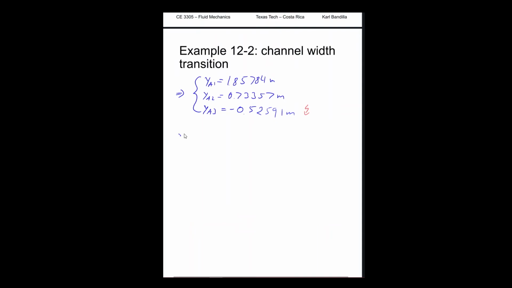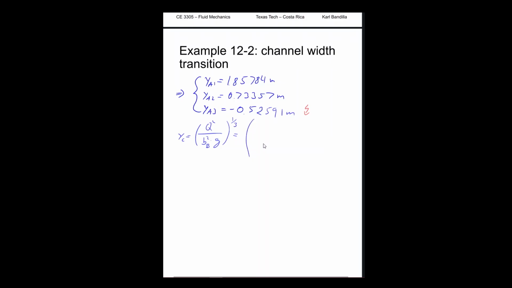That will be YC. That is Q squared over B squared times G to the 1/3.